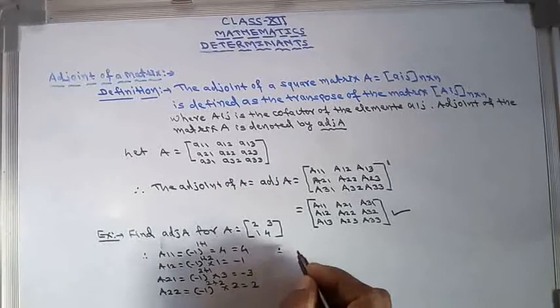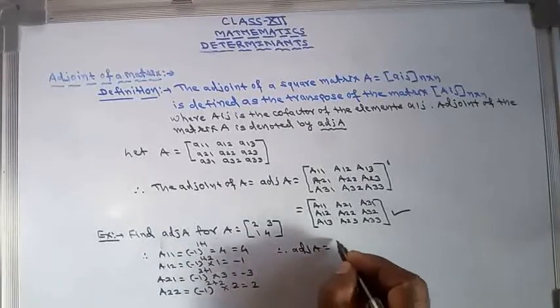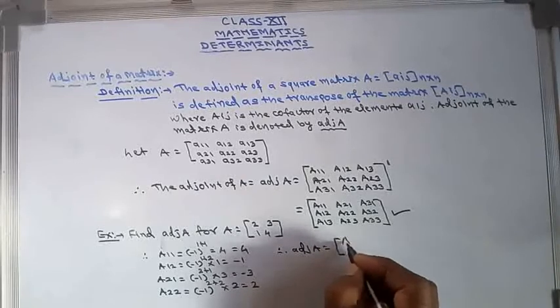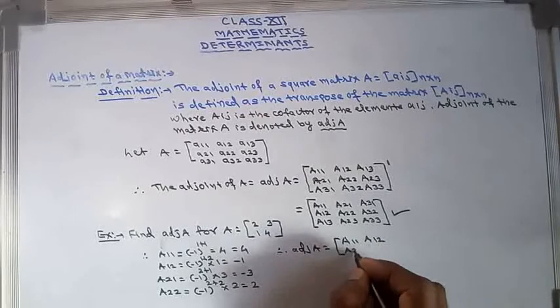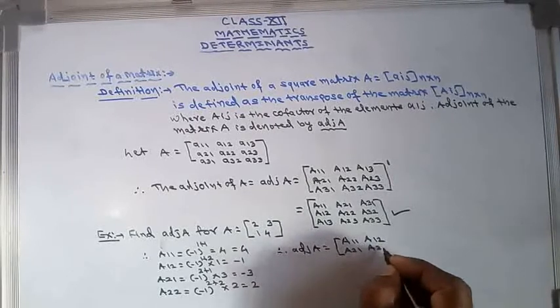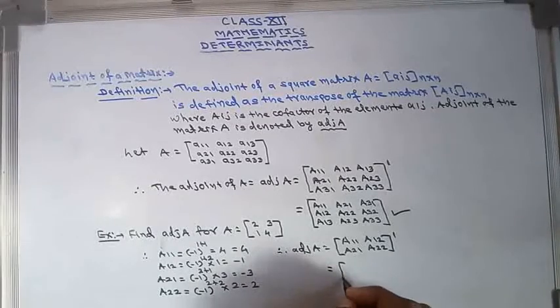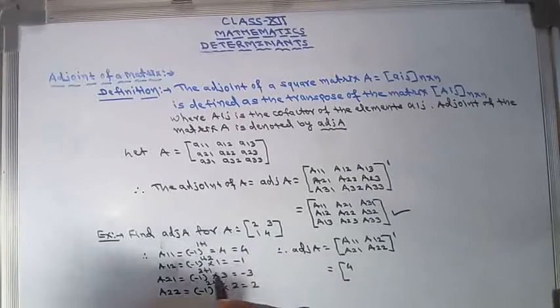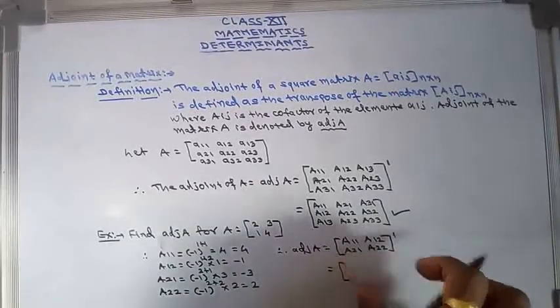Therefore, adjoint of A will be equals to A11, A12, A21, A22 and its transpose. So this is equals to A11 is 4, then you have to take transpose. Okay, let us write the transpose.